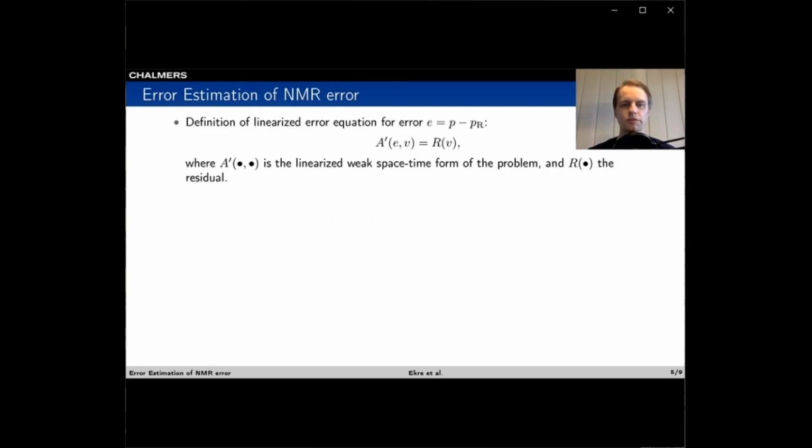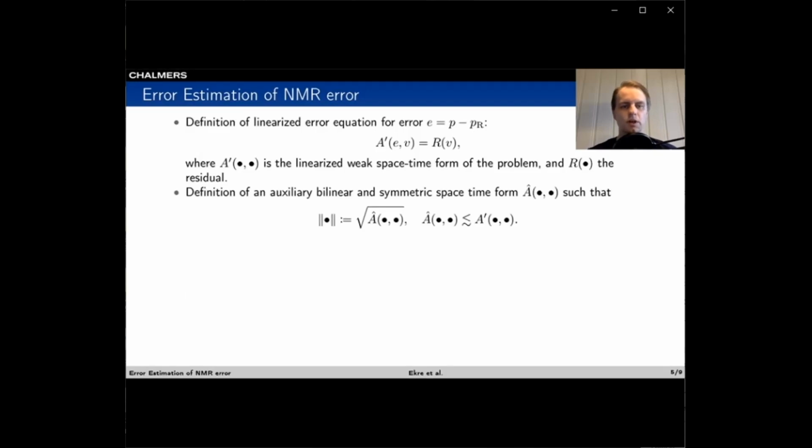So first we define the linearized error equation, where we define the error as the difference between the exact solution p and the reduced solution p_R. Next, we define an auxiliary form, a hat, which defines a norm and also approximately bounds the linear form from below. And using the auxiliary form a hat, we define the auxiliary error representation e hat.